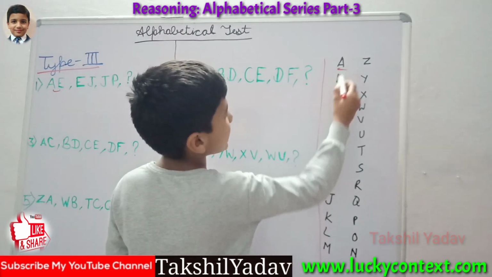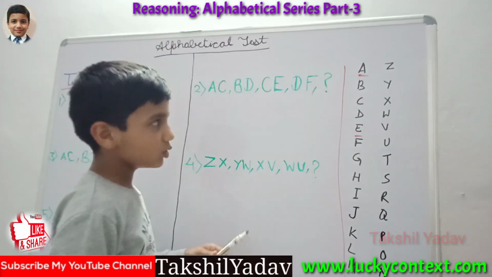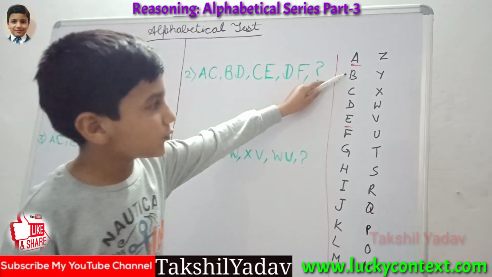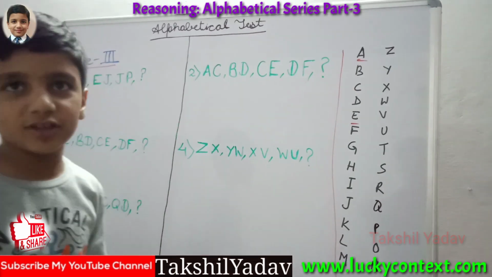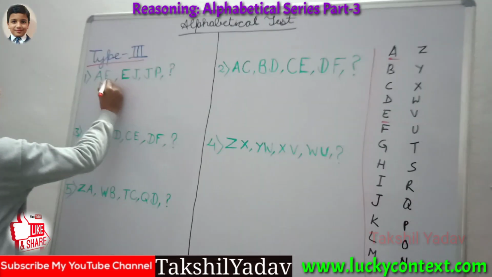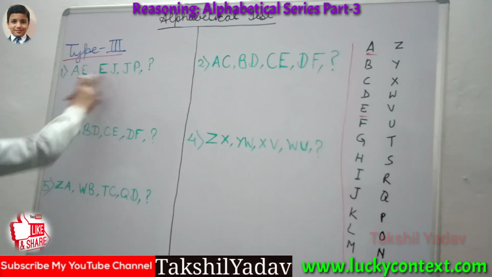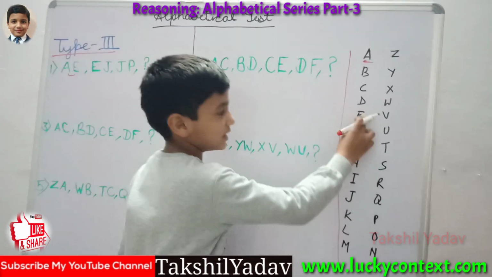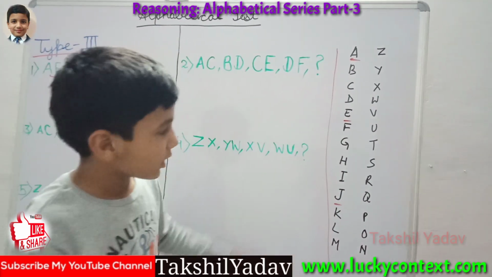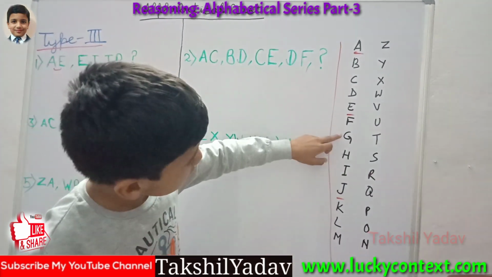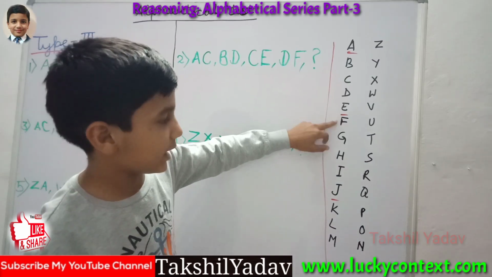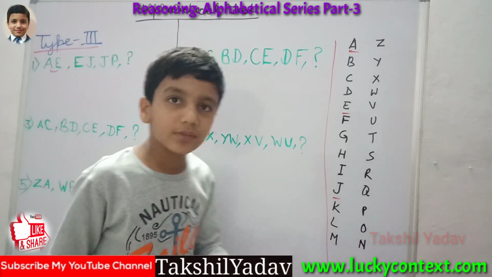Here is A and here is E. So there is a gap of 3 letters, B, C and D, between these. Then I have written the same letter E in the next pair, EJ. Here is E and here is J. Here the gap is of 4 letters, F, G, H and I.